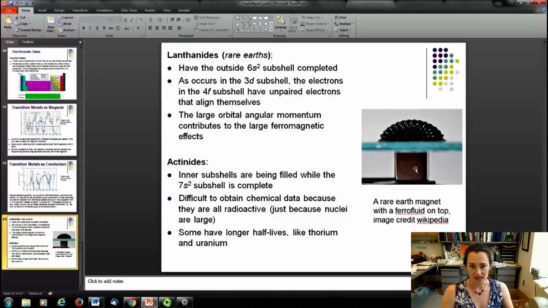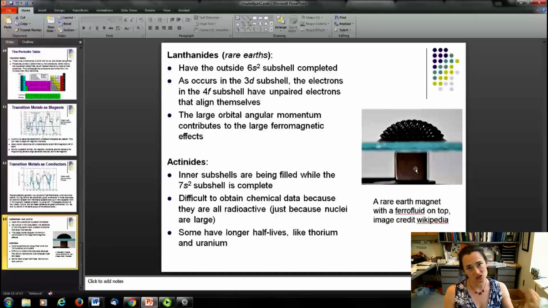Now the actinides, they're a little bit more difficult to pin down because they're large elements. They're radioactive. We're going to discuss this more in a later chapter when we deal with radioactivity. But you can know, looking at the periodic table, that as you get a larger and larger nucleus, it becomes more and more likely to be radioactive.